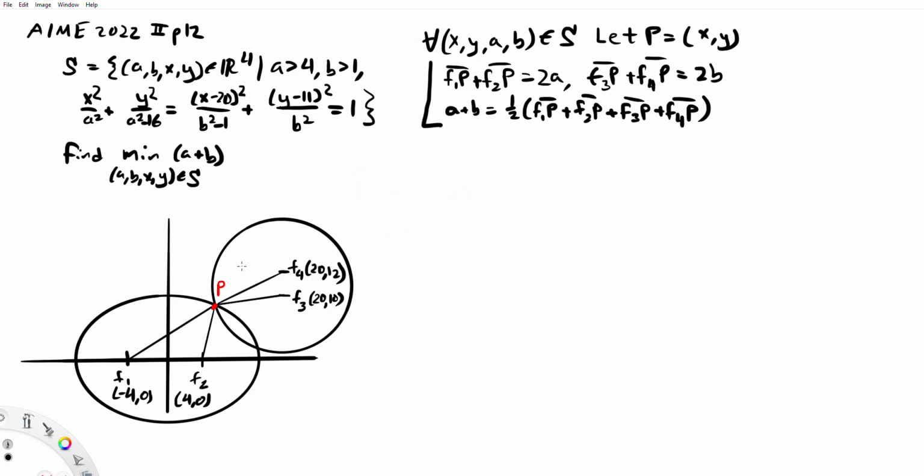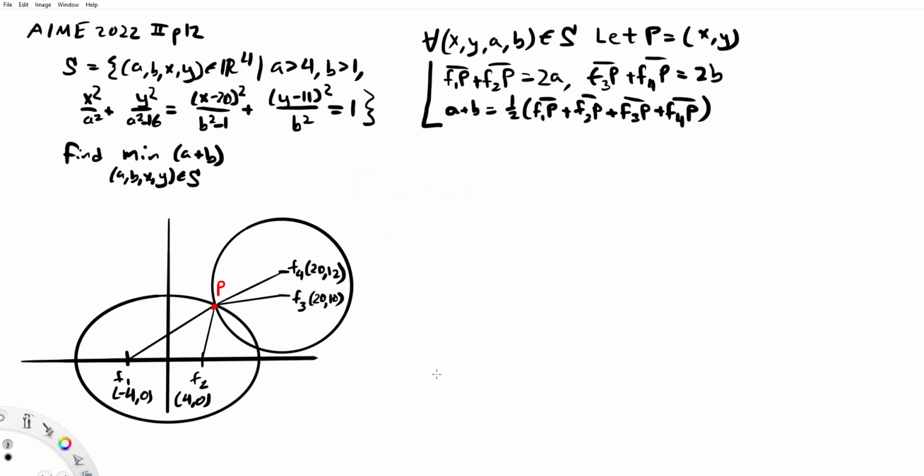So for a different solution, you might get a point here, and then again, you'll want to connect it to these 4 points to find the value that we're trying to minimize. So really what I want to do is move this point P around in such a way that these 4 line segments are as short as possible.